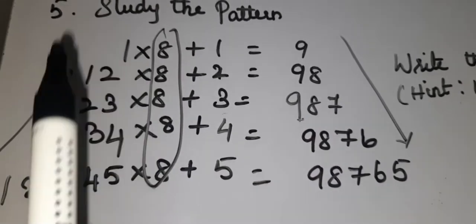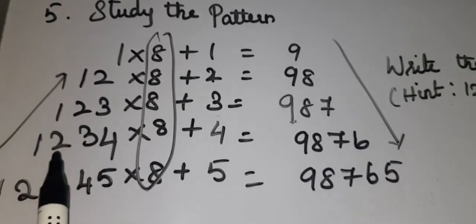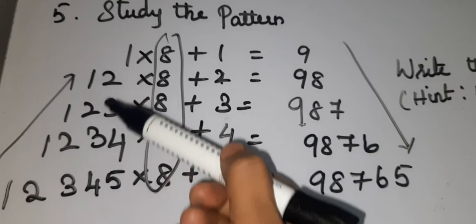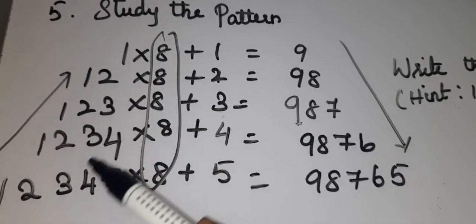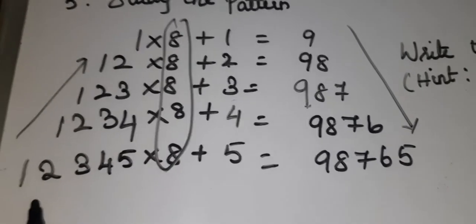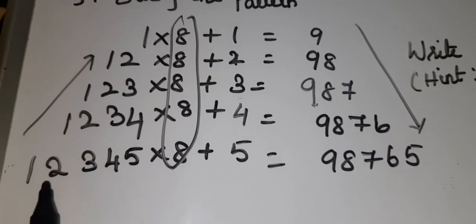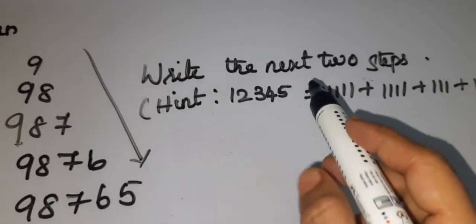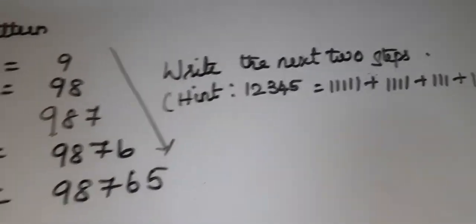The pattern on the left side is in increasing order: the first number is 1, the second is 12, the third is 123, the fourth is 1234, and the fifth number is 12,345. In the question, we are asked to find the next two steps.